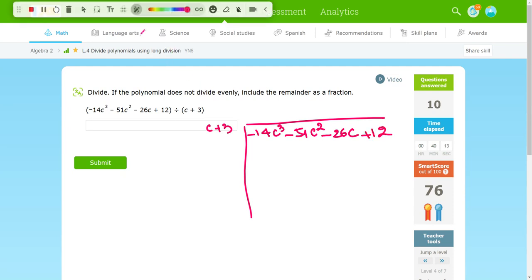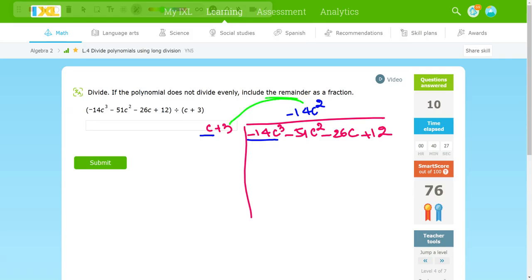Now I take negative 14c cubed divided by c, and it should come out at negative 14c squared. Multiply them back: negative 14c squared times c is negative 14c cubed. Negative 14c squared times 3.